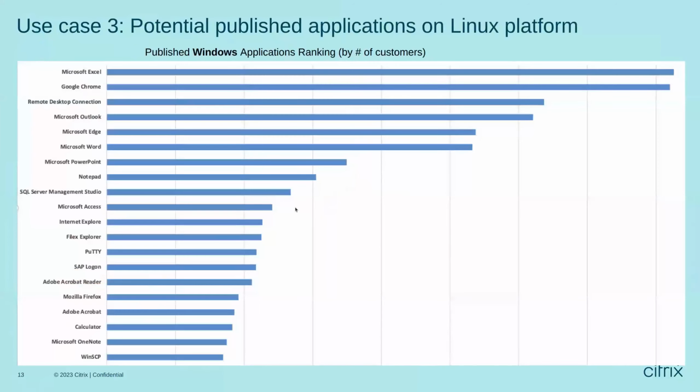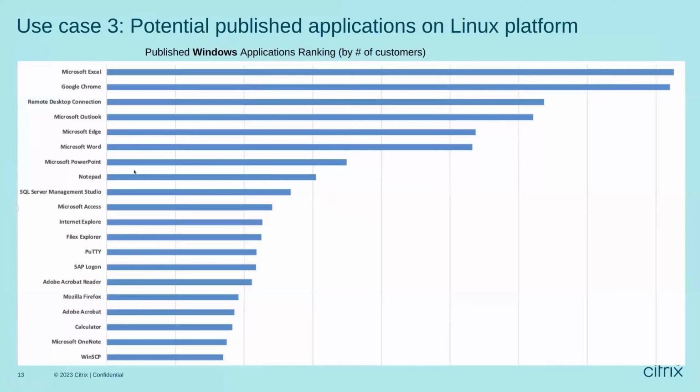Okay, then we move to use case 3, potential published applications on Linux. This diagram came from the Citrix internal BI system. We just list the published Windows applications ranking by number of customers. Interestingly, if you look at the names, there's Microsoft Office, Chrome, remote desktop connections.